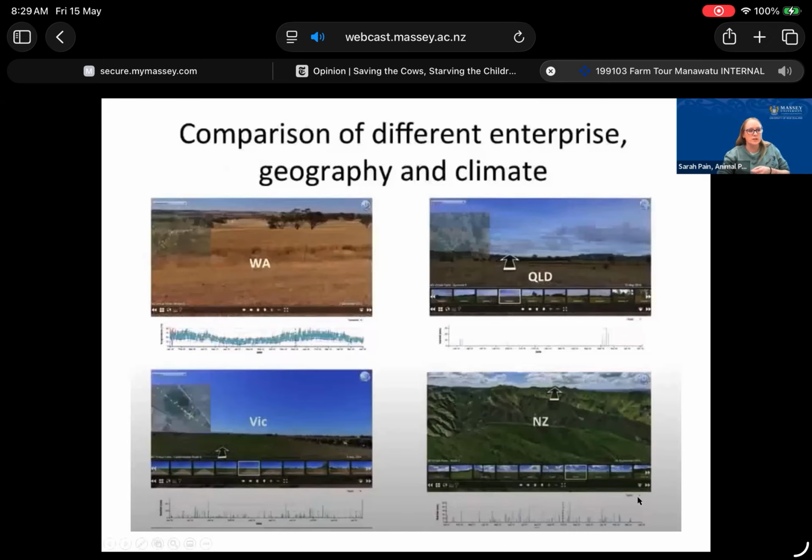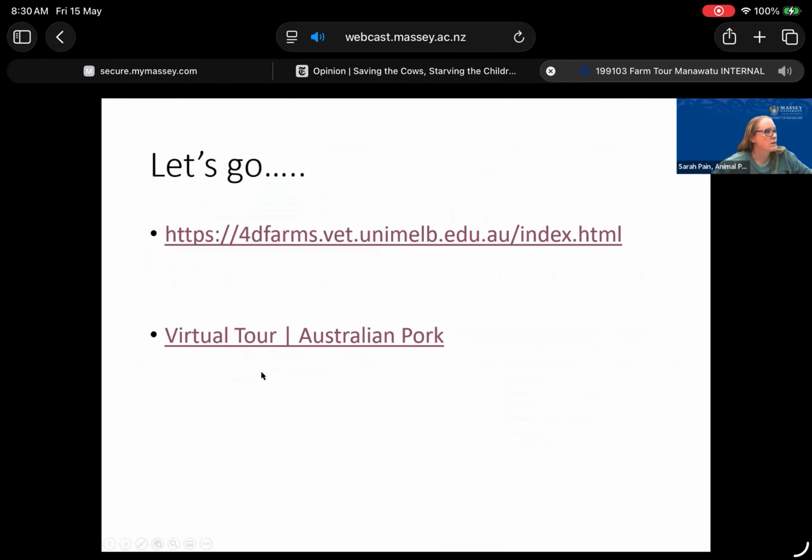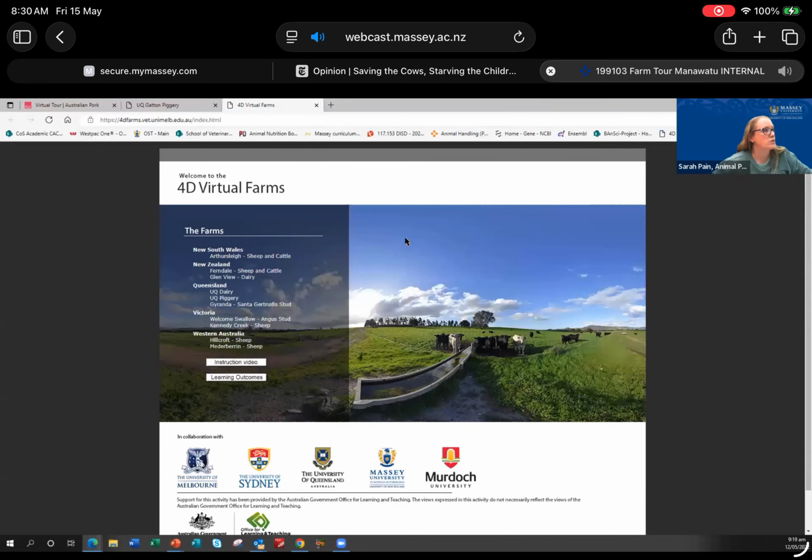Okay, so we obviously are going to be focusing on our New Zealand farms, but there are farms from Australia there, and we might pop into a few of them just so you can see the stark variation in systems. Okay, and that's what I mean about sort of broad generalizations. Depending on where you are and the sorts of challenges that you're faced with is going to determine how you run your property and the sorts of things that you have to do. Okay, so let's go into the farms.